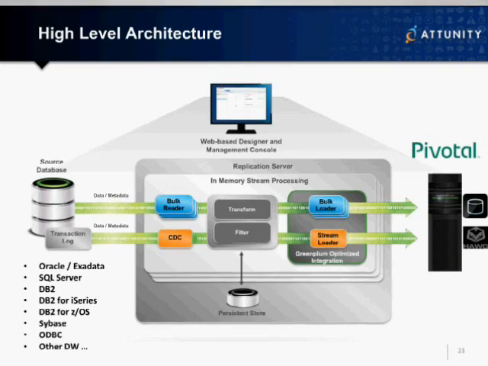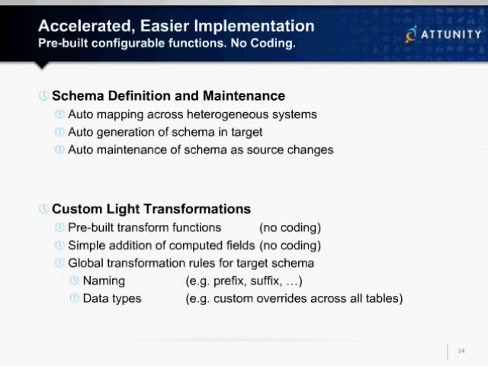So quickly talking about some of the things we focused on here to accelerate the data loading, first of all, it's about easier implementation. With Attunity, you have a pre-built configurable environment with functions that do not require you to do any coding, as you would with more traditional ETL technologies that have been around for a long time.